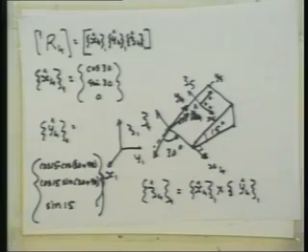No, I said it can be specified by 3. I didn't say we need only 3, because in order to do the transformation we need all of this, fine. So it can be specified by 3 or 12, depending on what we use to specify.